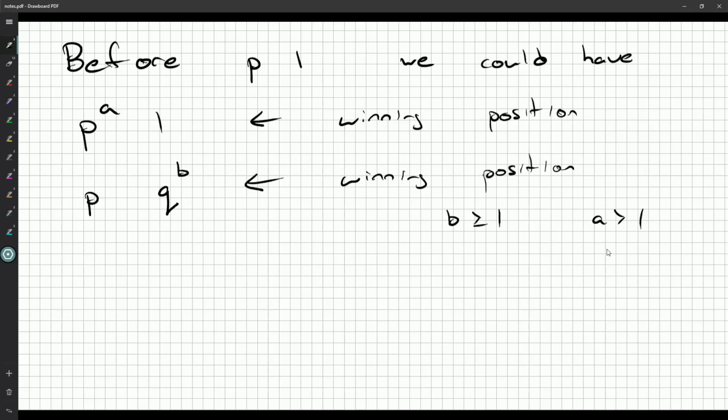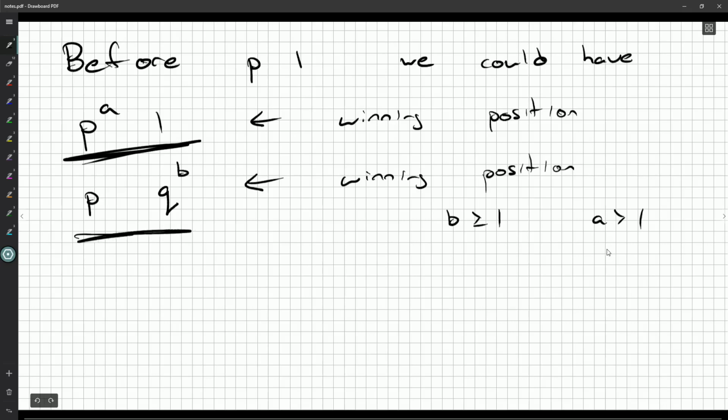Now, what can we do from there? The next step is to force the person into a losing position. If I start my turn looking at this, I know I'm going to win.